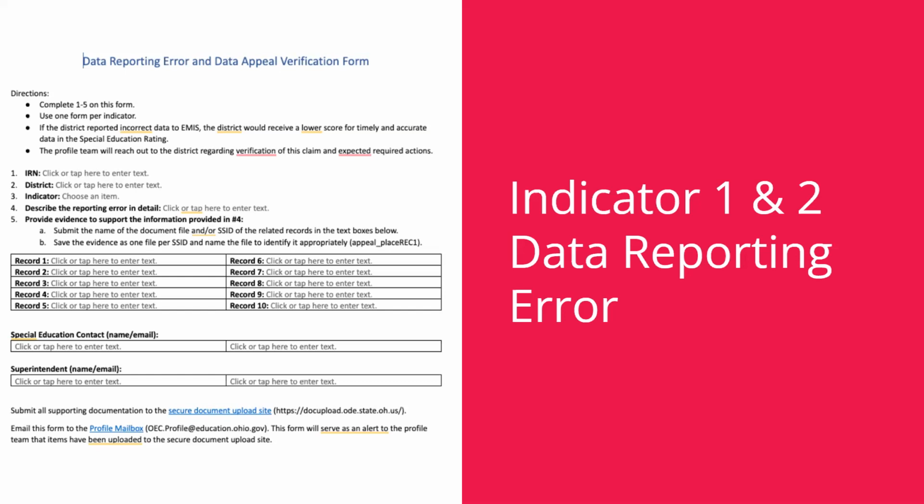We're going to talk about the deadlines in a minute on our flowchart, but if you believe that you have a data reporting error, this form needs to be uploaded to the monitoring site on the department's website by February 9th.